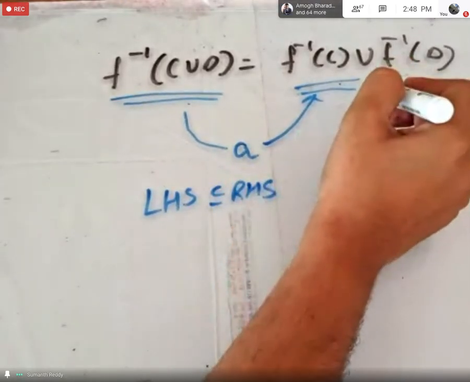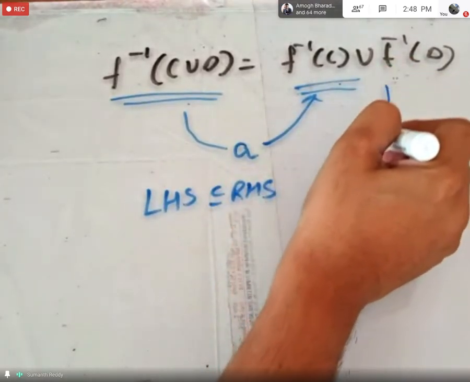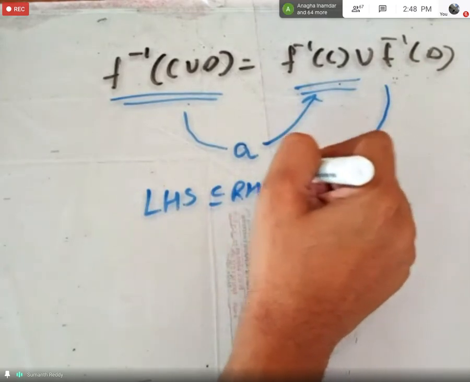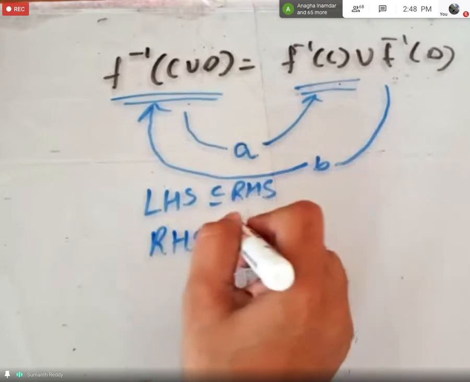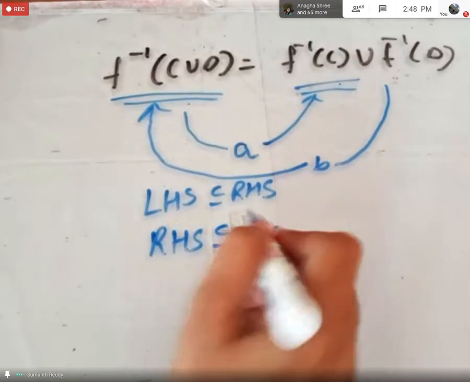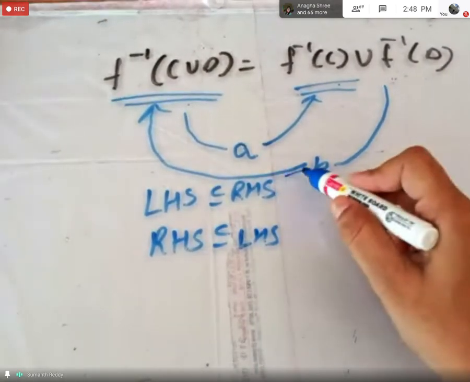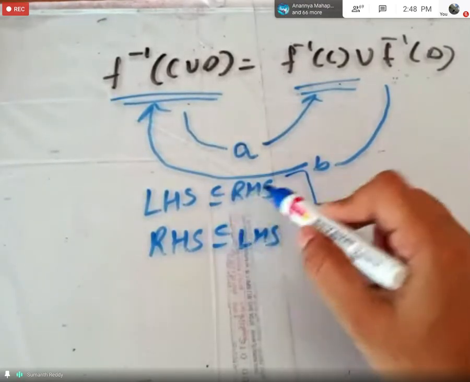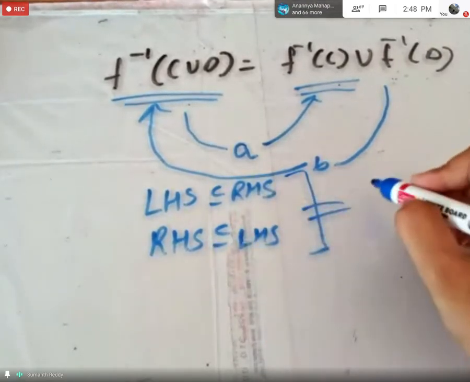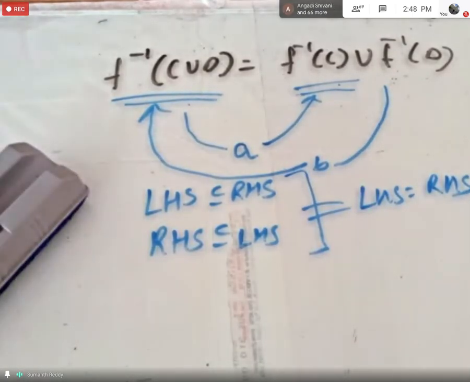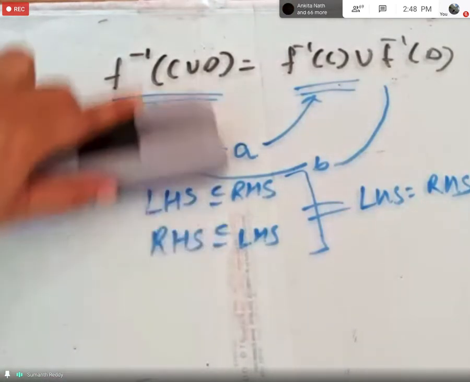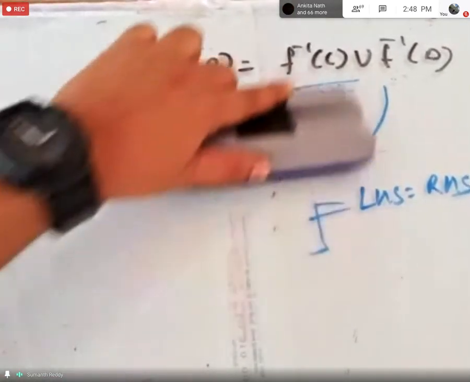Similarly, I will take some arbitrary element in the RHS and prove that the same element is also present in the LHS. So I can conclude that RHS is also a subset of LHS. Then from the rule of antisymmetry, if LHS is a subset of RHS and RHS is a subset of LHS, then LHS is equal to RHS, right? I think you remember this was the rule that I was applying in order to prove the theorems in relations.